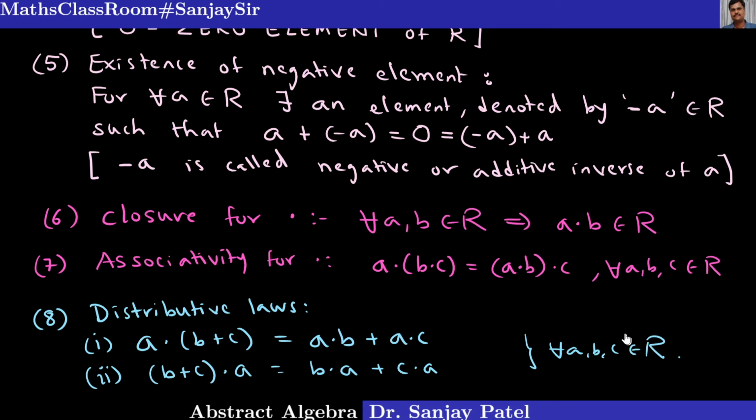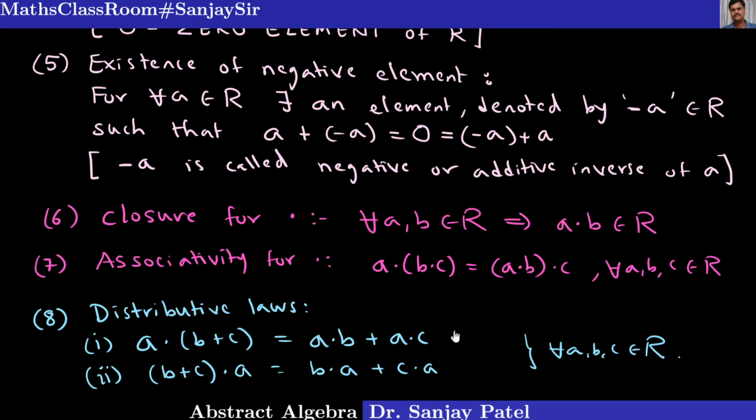Here, note that the dot, that is the multiplication operation in this set, need not be commutative. It may or may not be commutative. That's why we have written the two distributive laws.